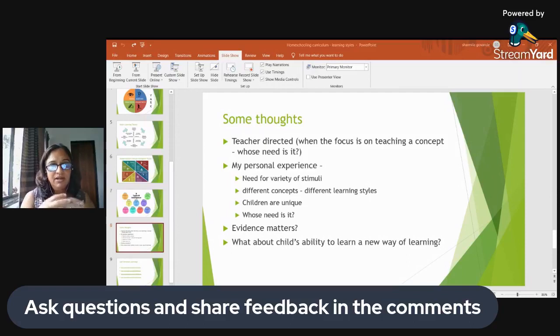So when a program is completely teacher directed, the teacher needs to bring in various ways of instruction, which would use spatial, intrapersonal, interpersonal, logical, visual, kinesthetic, all these different ways in their instruction. So I think it helps in a teacher directed program.